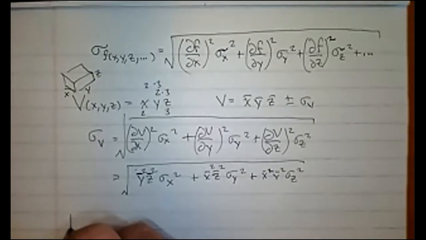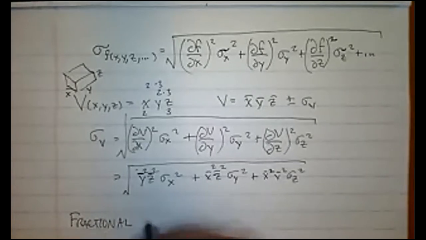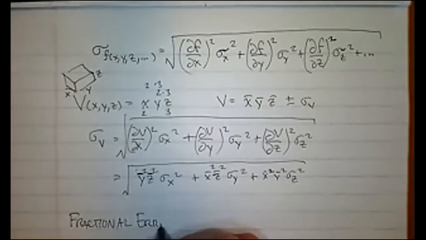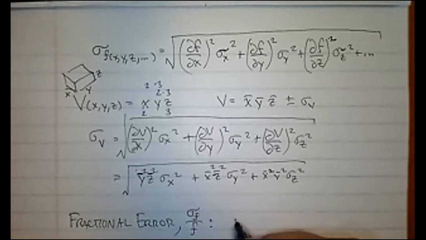We call it the fractional error. So the fractional error, which is given the symbol sigma f over f, is defined this way. You take the uncertainty in f and you divide it by the best value of f.